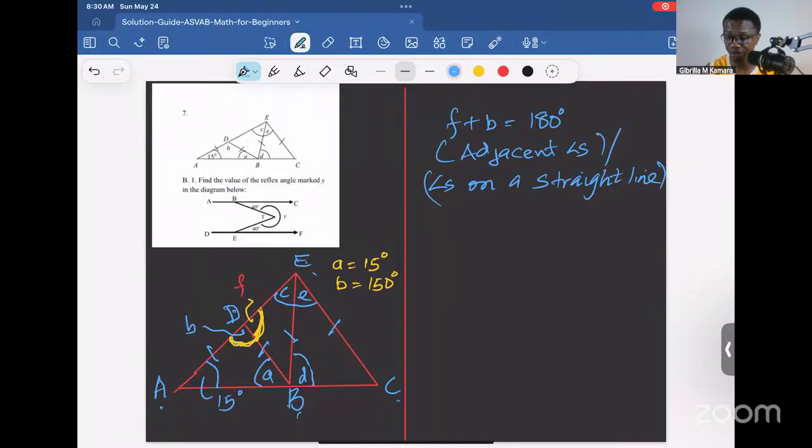B is 150. So we can say F plus 150 is equals 180 degrees. We subtract here by 150 and here again by 150 degrees. This and this goes, so your F is equals to 180 minus 150. Your F is 30 degrees.